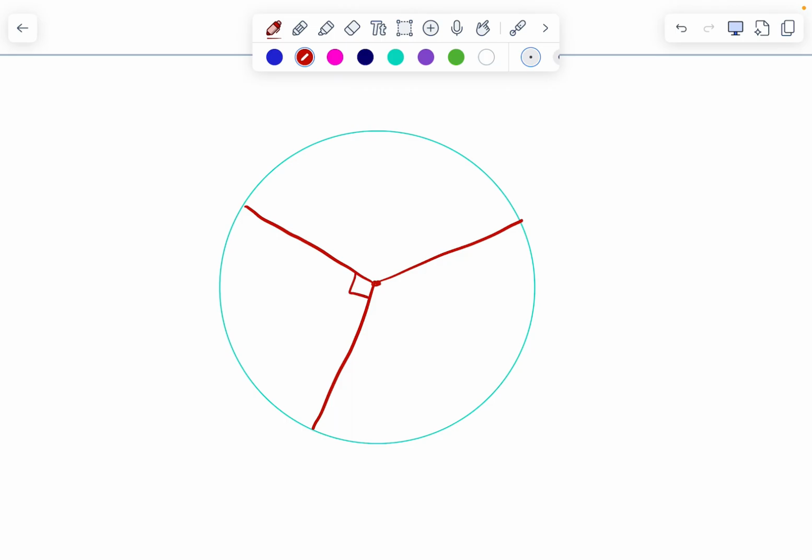Maybe it's like 2x plus 3, and I say solve for x. What would you do?